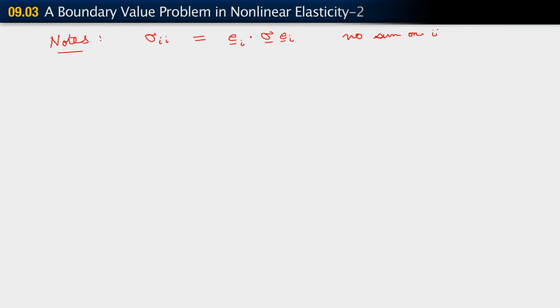This is not the trace, we're really considering just the II component right now. What you will see is that sigma 1,1 is clearly not equal to 0, and that is just the 1,1 component of that matrix form of the stress tensor. Likewise, the sigma 2,2 component is not 0. Sigma 3,3 is not 0.